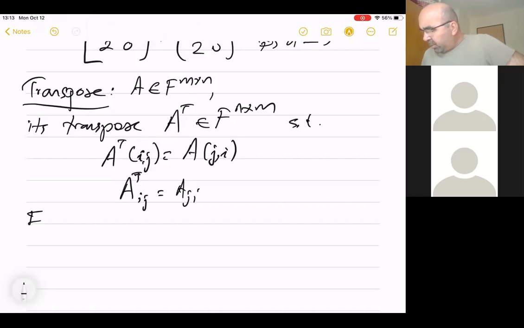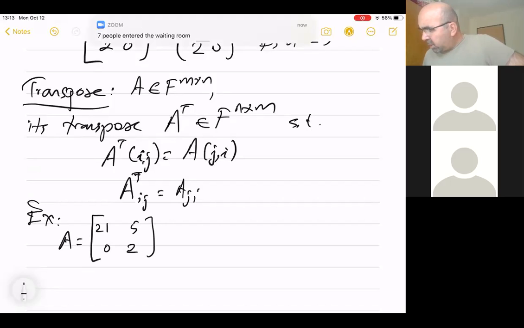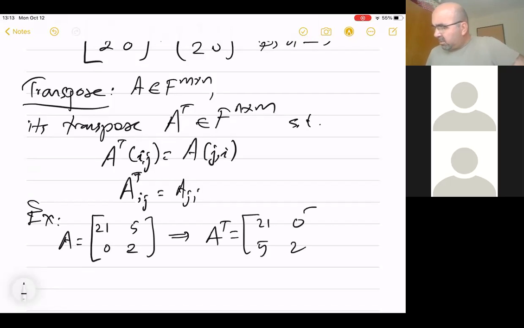Okay, let's see some examples. If A is, let's say, 2, 1, 5, 0, 2, then its transpose is 2, 1, 0, 5, 2. So you make columns as rows, and rows as columns.